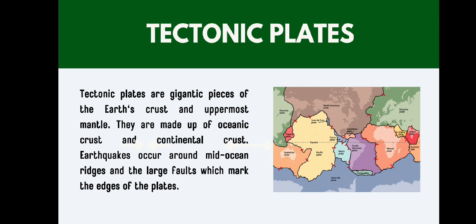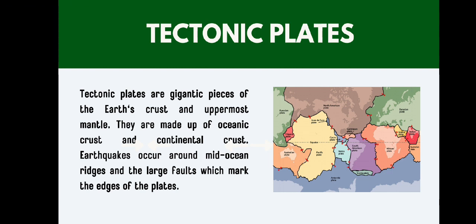Sa ato pa nga, ang tectonic plates slowly and constantly move in many different directions. Some are moving toward each other, some are moving apart, and some are grinding past each other. So, ma-explain na siya unya ni Tero kung unsang klaseng mga movements sa boundaries sa ato ang plate.